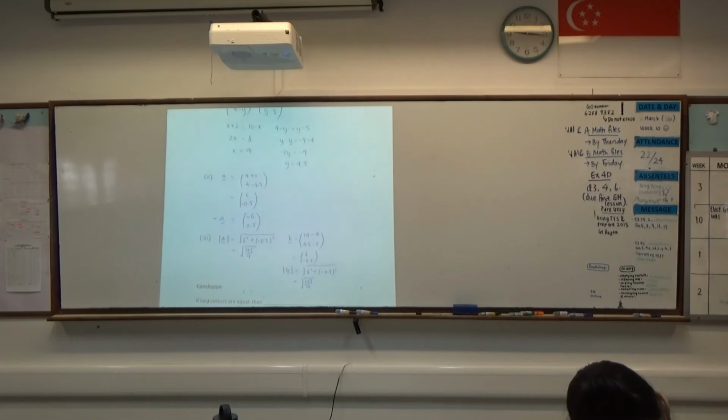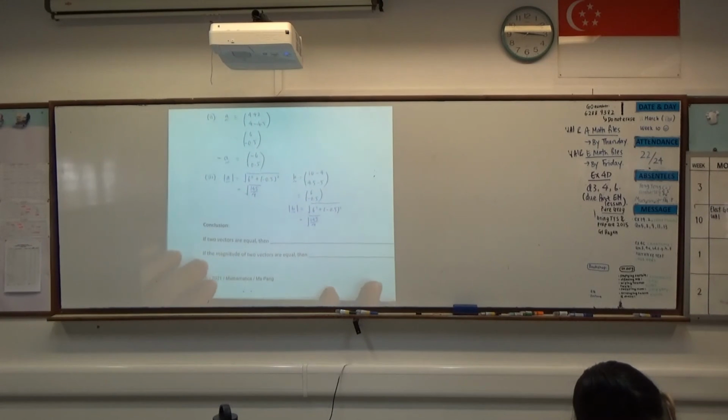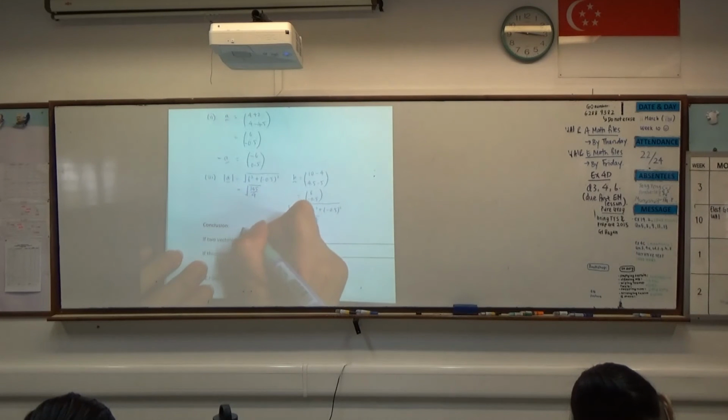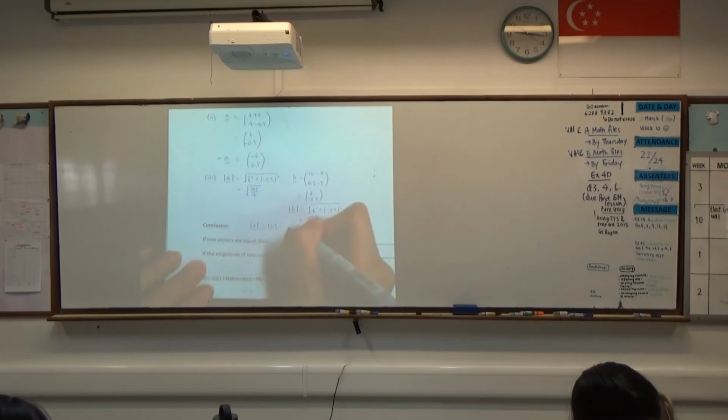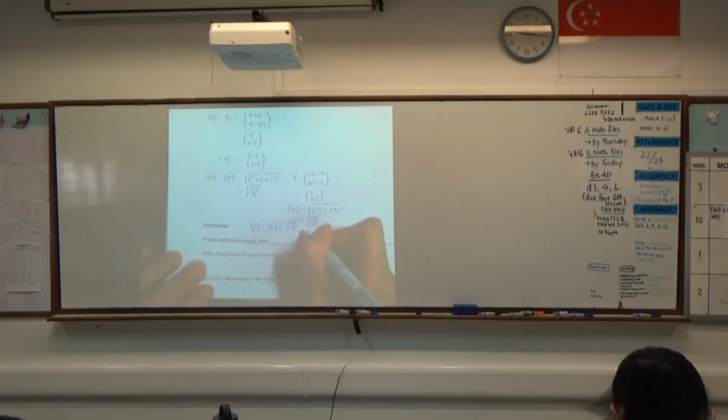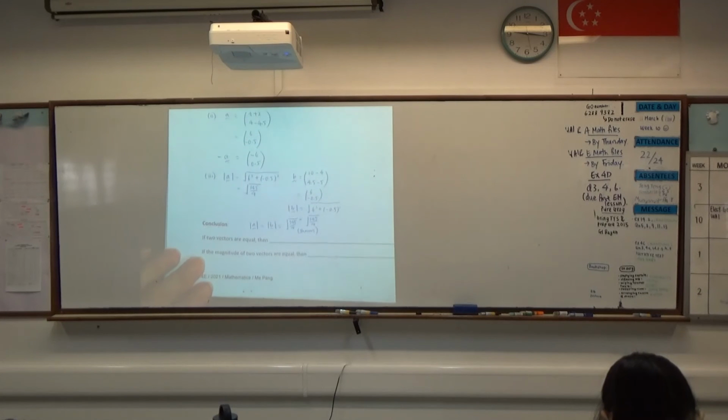And that would give us square root 145 over 4 as well. Since actually both the vectors are equal, they are both 6 and negative 0.5. So therefore, yeah, sure. So I'm really lacking of space here.